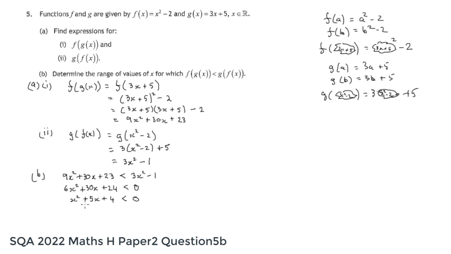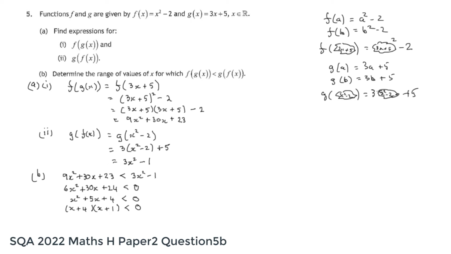So we've got to find the values of x which make x squared plus 5x plus 4 less than 0. Let's do one other thing here, and let's factorise x squared plus 5x plus 4. That's a straightforward one to factorise.